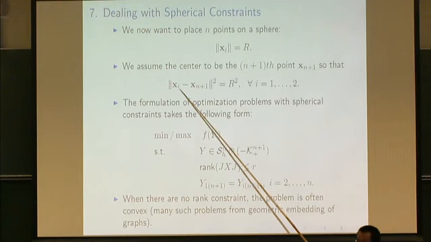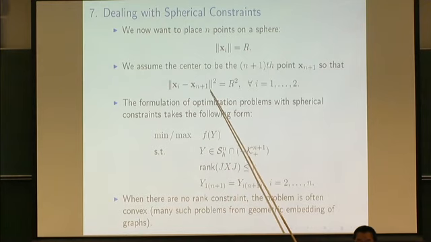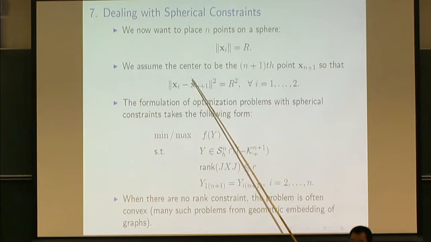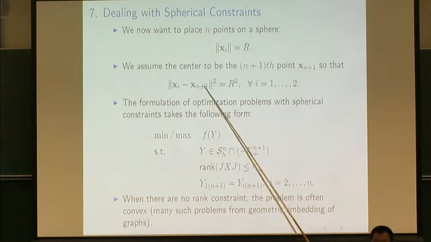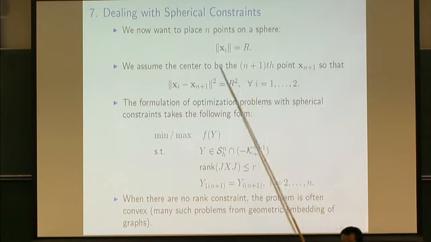So every other point to this new point is equal. The distance is equal, so that it is a sphere. Every point stays on the sphere centered at x_{n+1}, the last point. So that is the constraint, the way I deal with it.